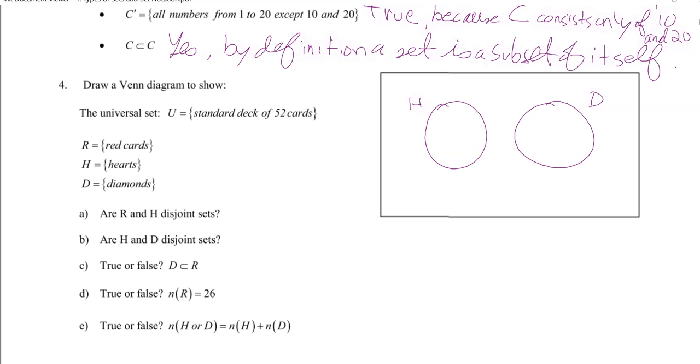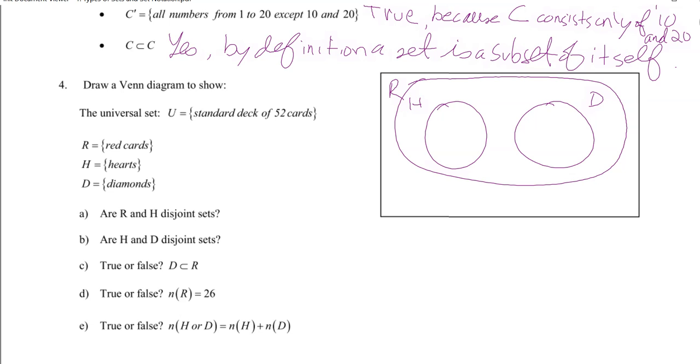So we don't need to put any overlap, right? Like 10 and 20 were a member of set A, set B, and set C. There was overlap. An element belonged to more than one set. Now, I can enclose them in an R, because they are red cards.